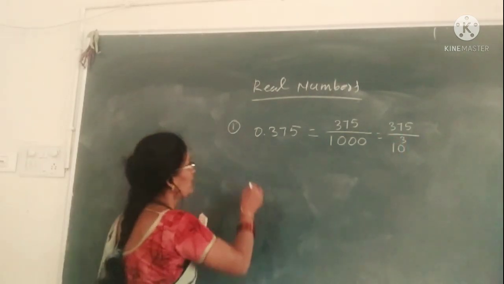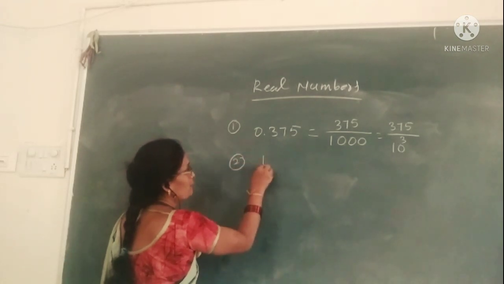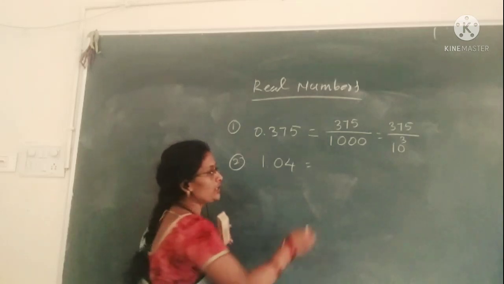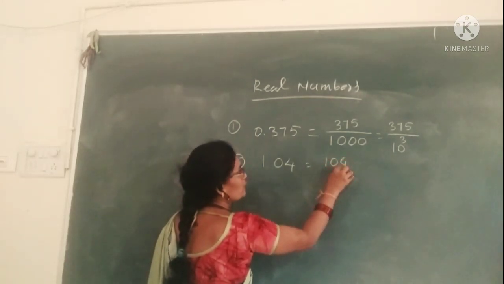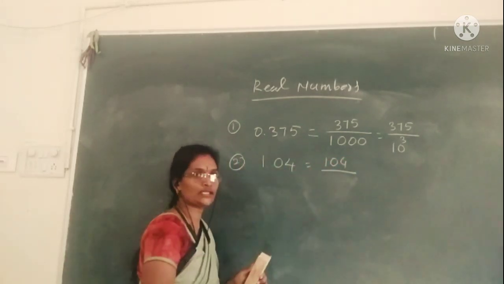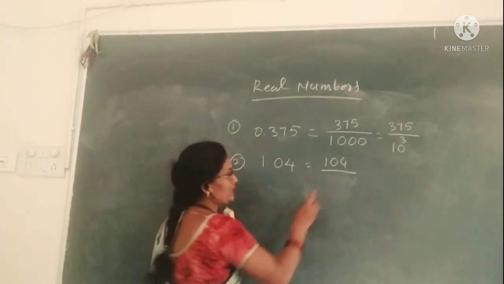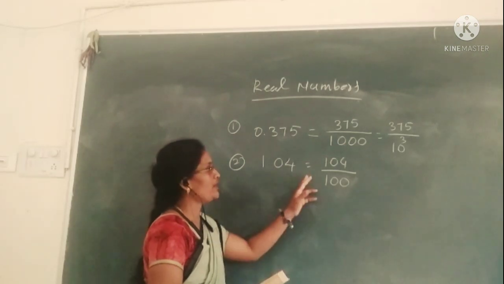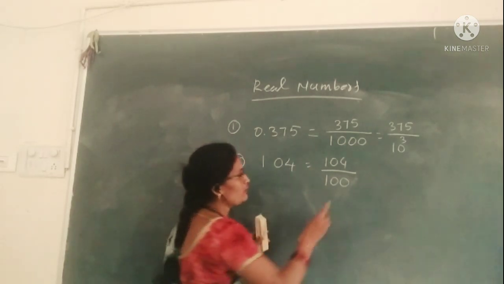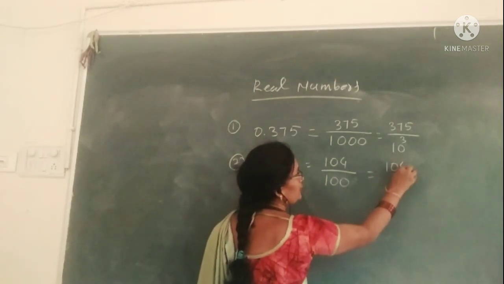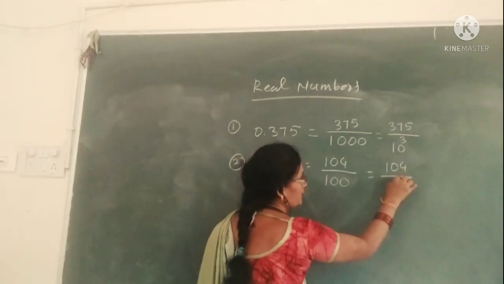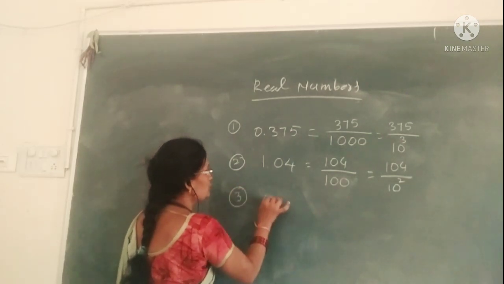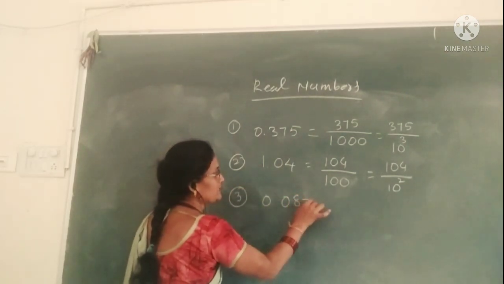Then we take another example, 1.04. We write 104 by 100, since there are 2 decimal places, so 2 zeros in the denominator. So 104 by 100 equals 104 by 10 square. Then another example, 0.0875.